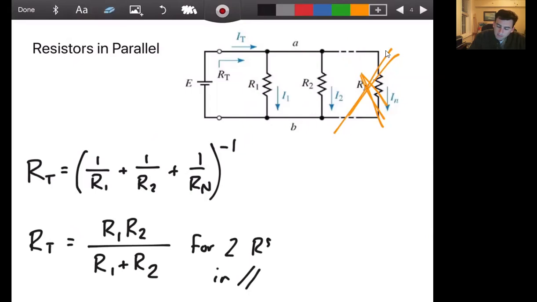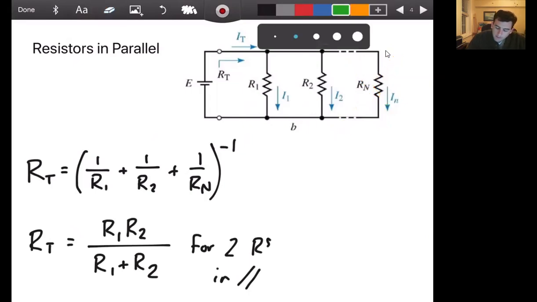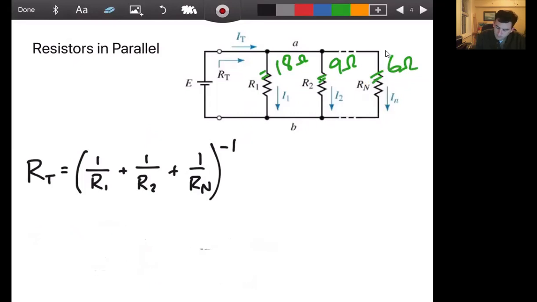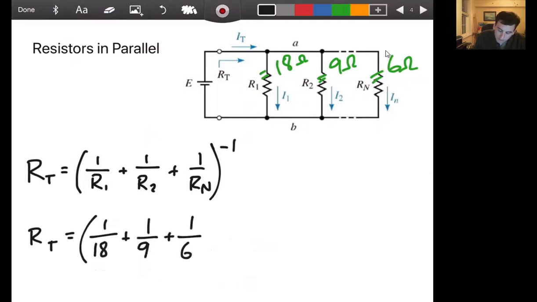To discuss a really quick example, if we said that R1 was 18 ohms, R2 was 9 ohms, and Rn was 6 ohms, using our equation, we would say that our total was equal to 1 over 18 ohms plus 1 over 9 ohms plus 1 over 6 ohms, that quantity to the -1, plug it in your calculator, and it comes out to 3 ohms.